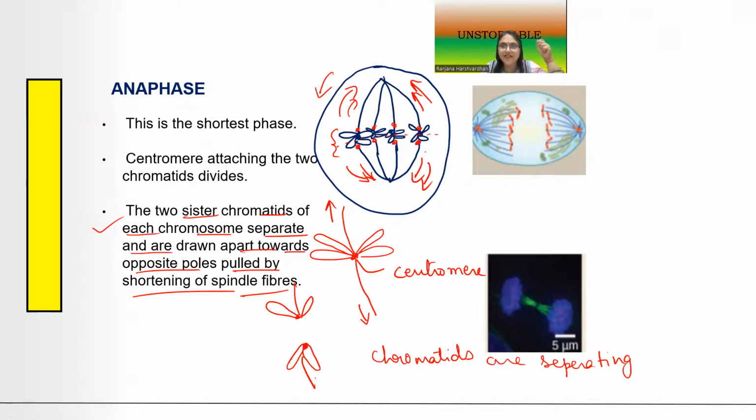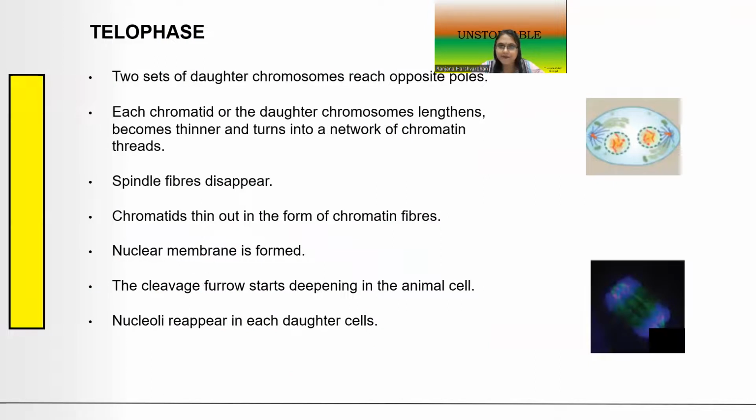The chromatids have divided from the centromere and they have moved towards the opposite poles. Why? Because of the shortening of the spindle fibers. Remember this line, very, very important. Because of the shortening of the spindle fibers, the chromosome breaks, the chromatids separate from the centromere and they both go towards the poles. Okay.